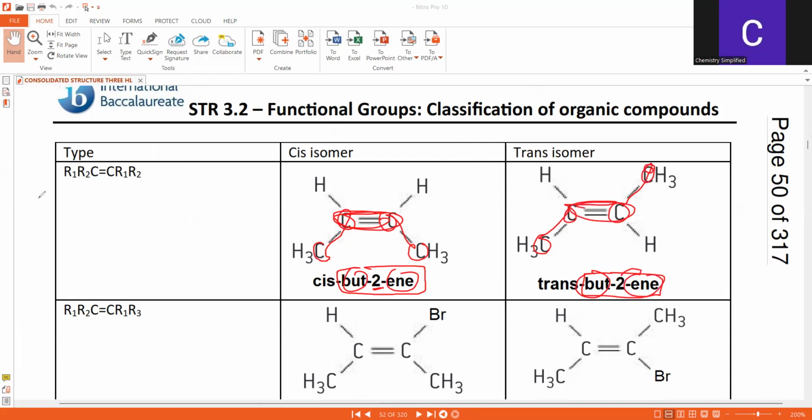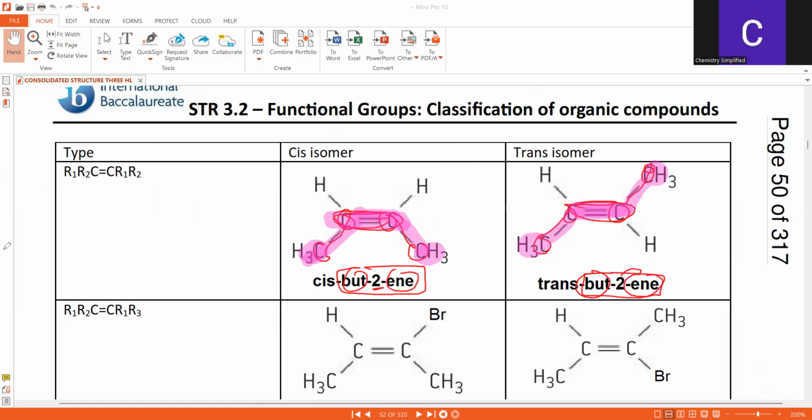The only difference is that the CH3s here are on the same side with respect to the carbon-carbon bond, this plane. And the CH3s here are on different sides with respect to this carbon-carbon bond.